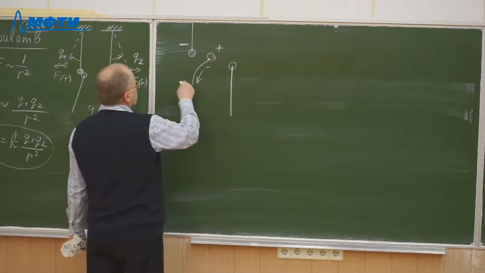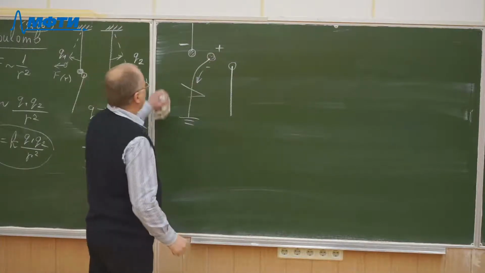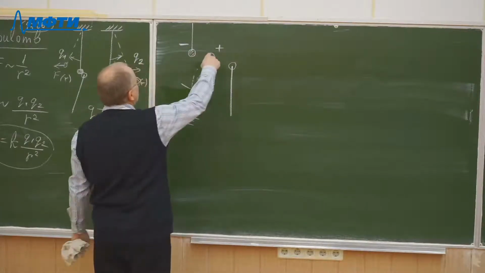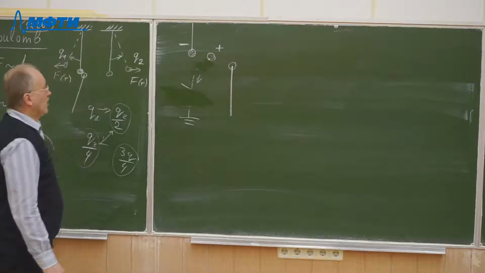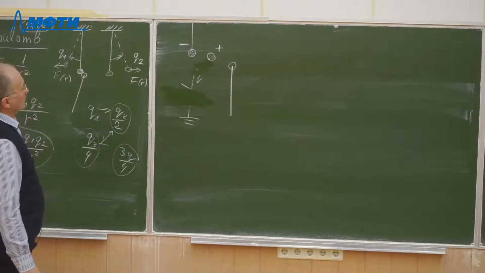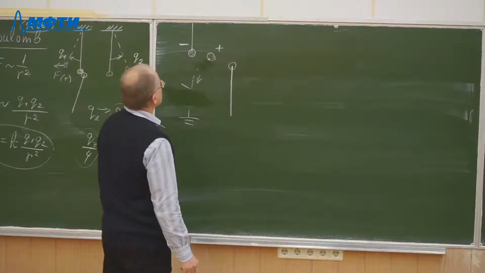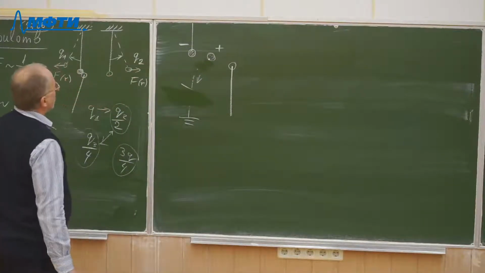And if then we disconnect this wire from the ball, then this ball will bear opposite charge. So it's possible to arrange for unlike charges to be on two balls.